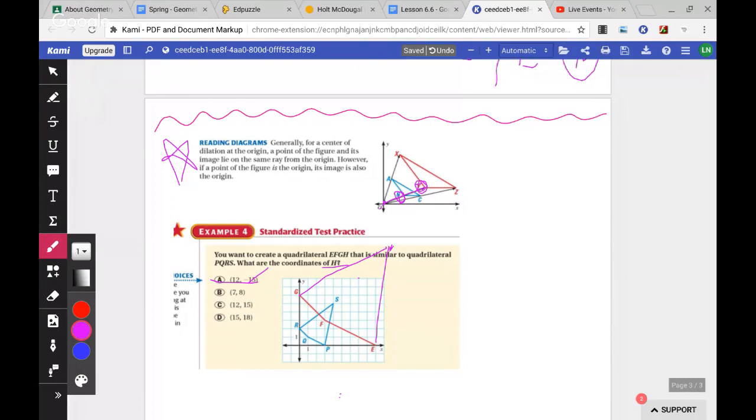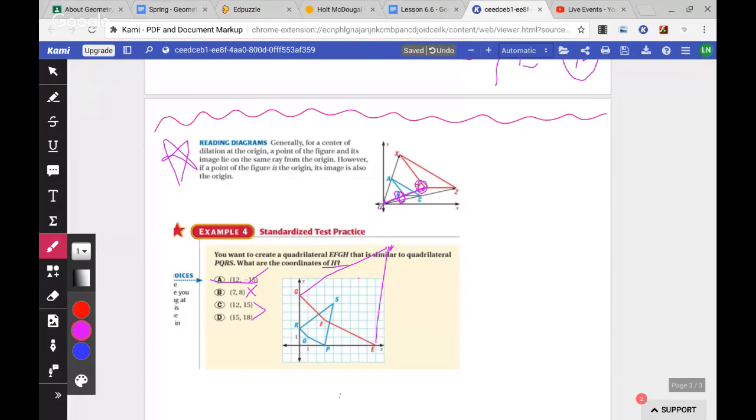Maybe, but that looks pretty short compared to the other. So probably not. 12, 15. Let's see. 1, 2, 3, 4, 5, 6, 7, 8, 9, 10, 11, 12. Maybe 15, 18. These two seem like either one might work, but how do you know for sure?